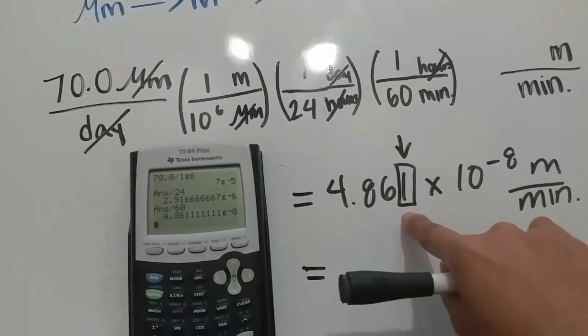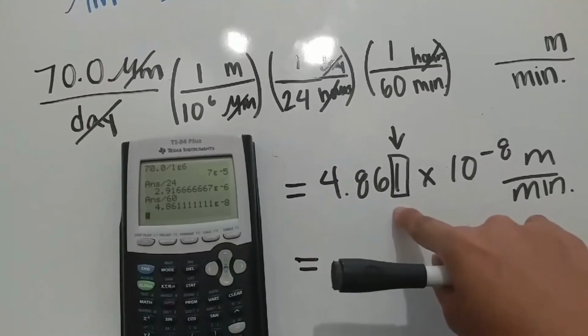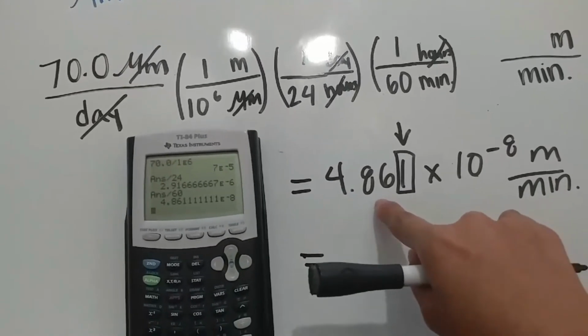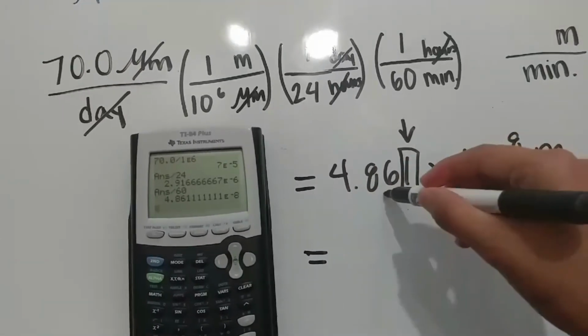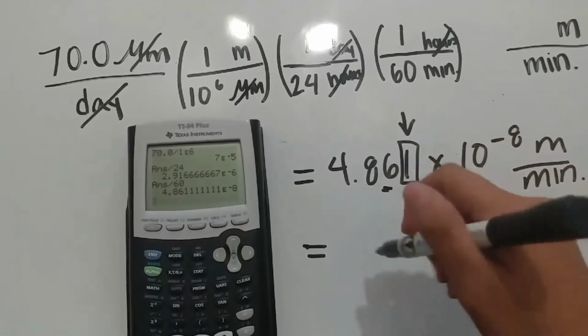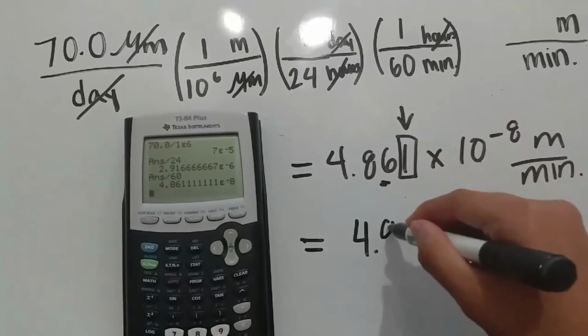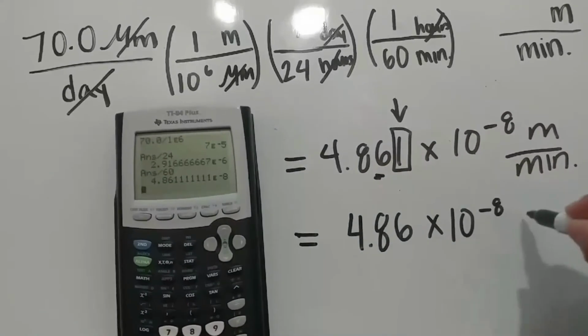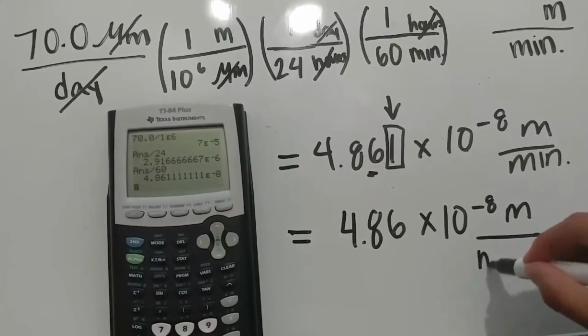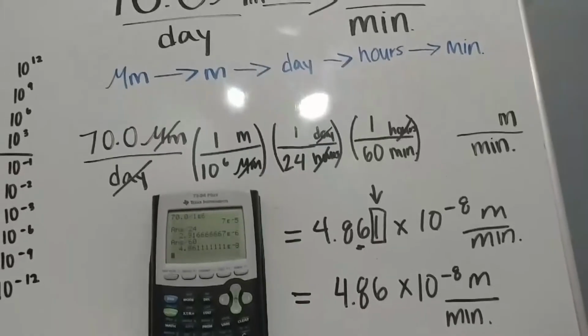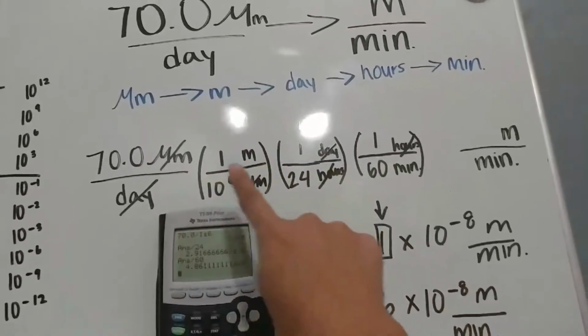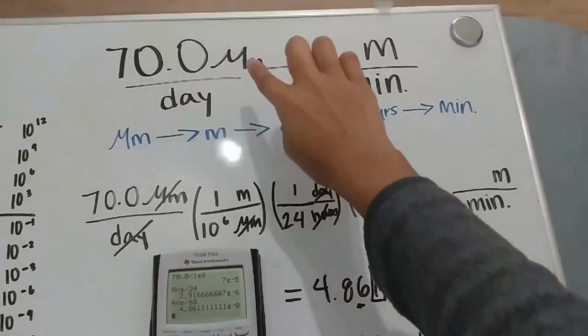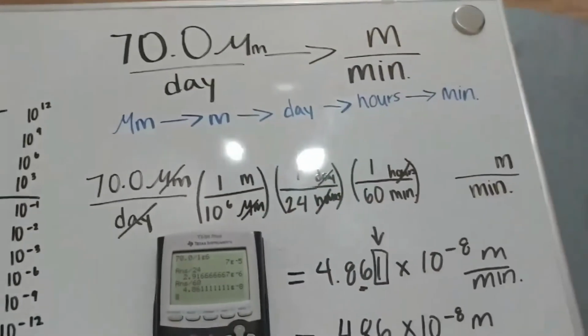In this case, 1 is less than 5, so you do not need to round the 6 up to 7. You would just keep it the same. So it would be 4.86 times 10 to the negative 8 meters per minute. This is how you properly convert by using multi-steps when involving 2 different types of units.